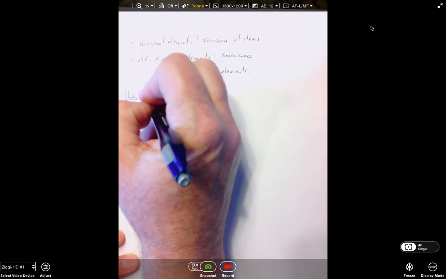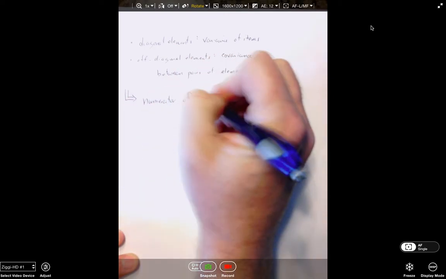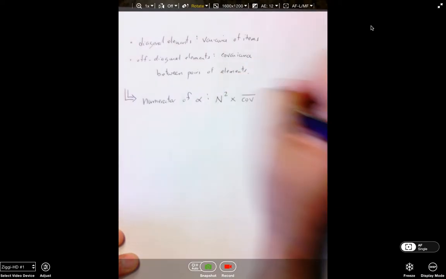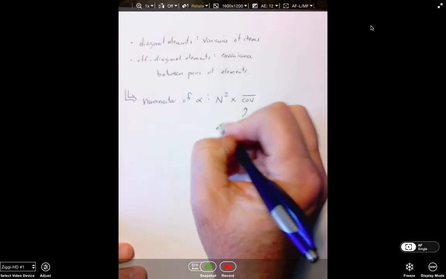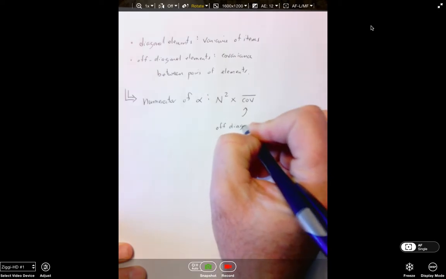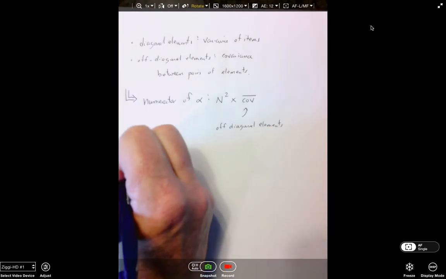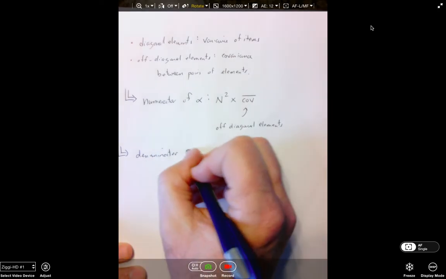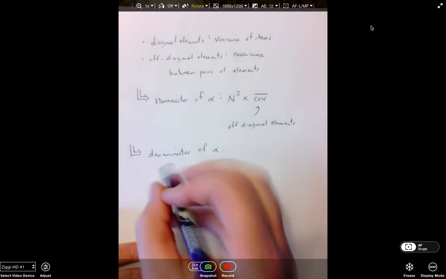Guys, it turns out that the numerator of alpha is comprised of two components: n squared times the average of the covariance. These are just the off-diagonal elements. And then the denominator of alpha turns out to be the sum of two components.